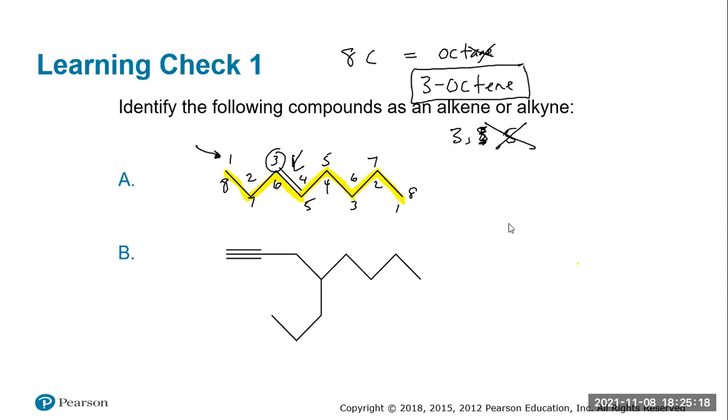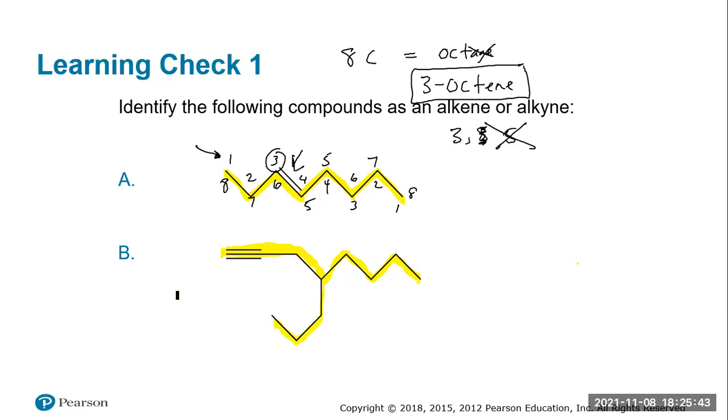Let us take a look at the guy on the bottom here. We've got 1 carbon, 2, 3, 4, 5, 6, 7. Oh, that was pretty bad. 1, 2, 3, 4, 5, 6, 7. The other option would be to go this way, containing the double bonds. So 1, 2, 3, and then down 4, 5, 6.